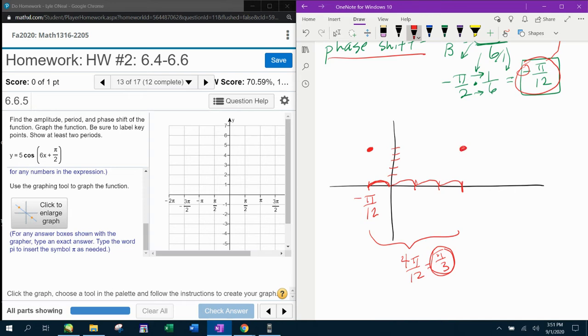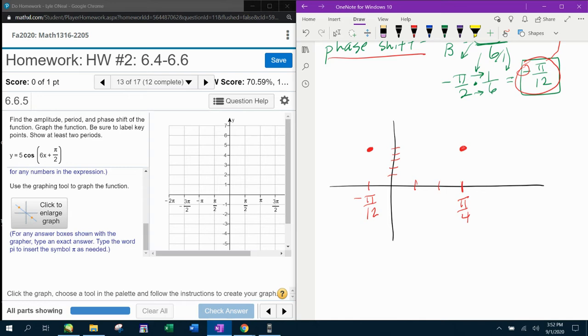And the last thing I need to do is figure out what to label that hash mark. Okay, so from the origin, how many 12ths did I go? From the origin, 1, 2, 3 12ths. So this would be 3/12 of a pi, 3 pi over 12, but that will reduce. 3/12 reduces to 1/4. 3 goes into 12 4 times, so I can reduce that to 1/4, okay?